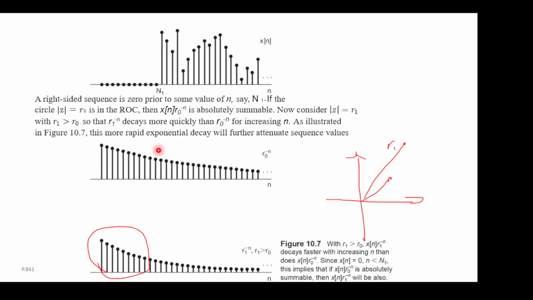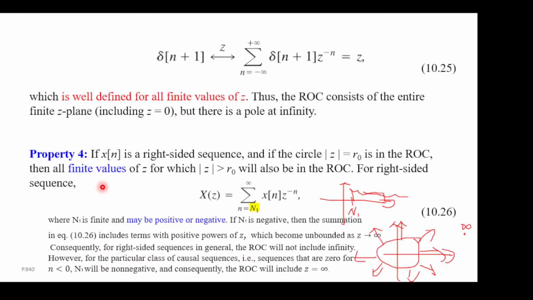At 0, those r to the n are all starting at 1, but for the negative part, when your r gets bigger and bigger, your starting point gets higher and higher. And as r goes to infinity, this head might diverge.